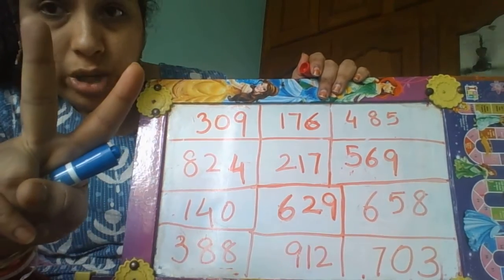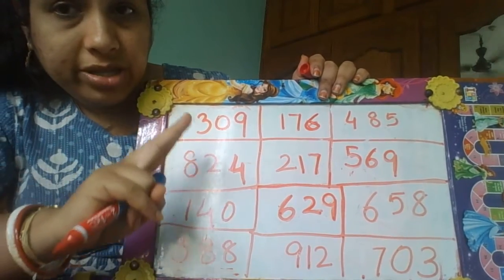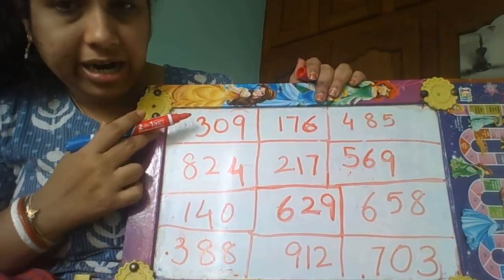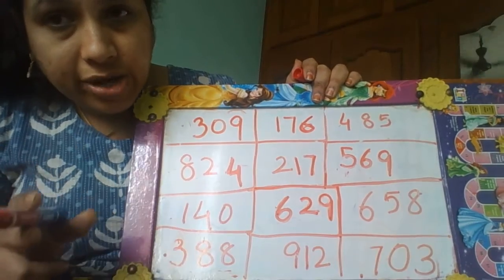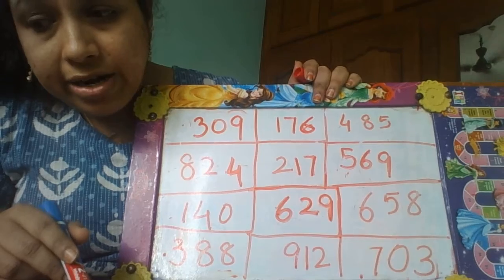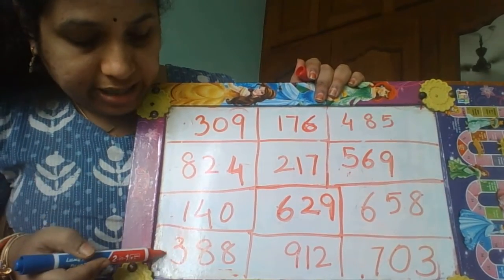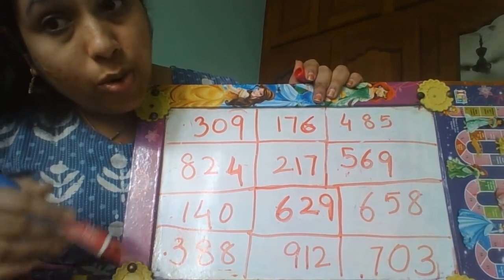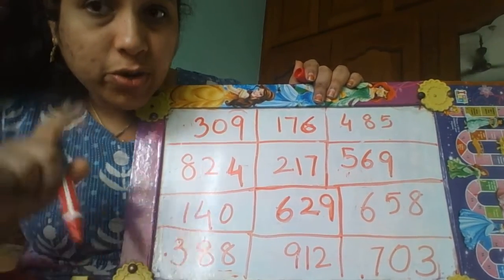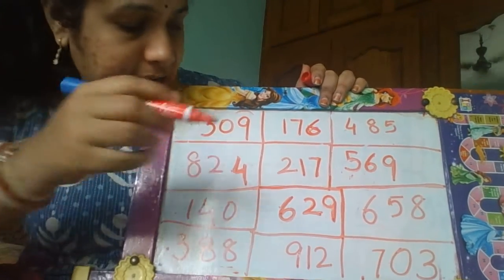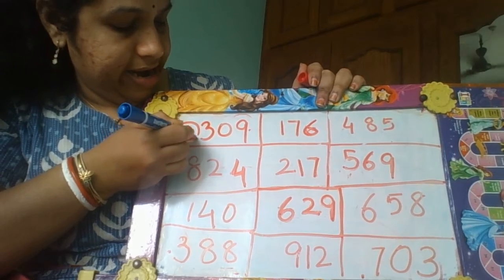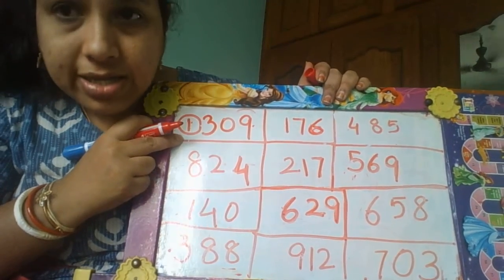So there are two numbers with 300, here is one and here is one: 309 and 388. The question is, the number should be in between 300 and 350. So this 388 is more than 350, so this cannot be. So we have only one option, this.